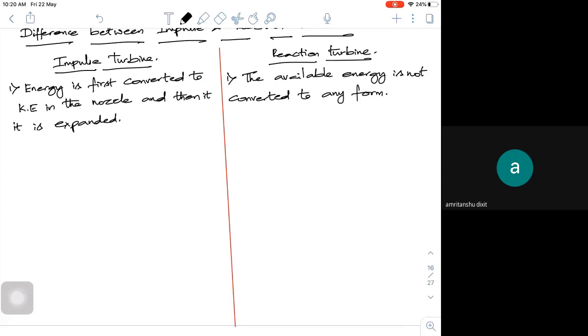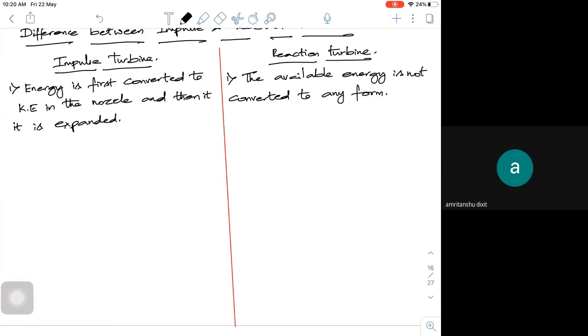In impulse machines, the water flows through the nozzle and impinges on the buckets or vanes which are fixed on the wheel. But what happens in a reaction machine? The water is guided through the guide blades to flow on the moving vanes.